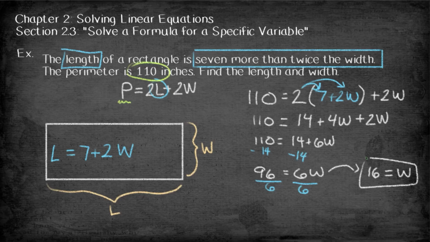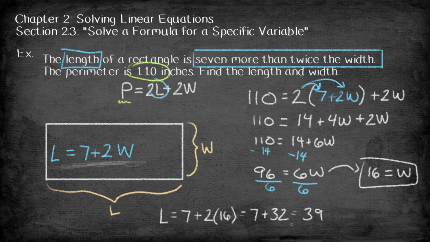Now we're going to go back to our length expression, L equals 7 plus 2W, and figure out what L is now that we have W. All right, so L is apparently 39.